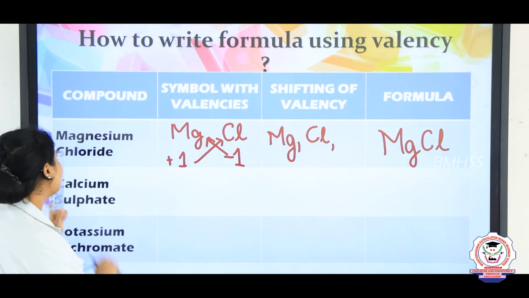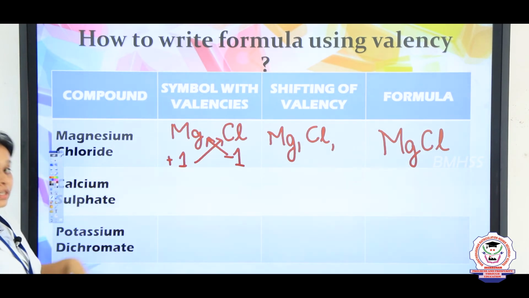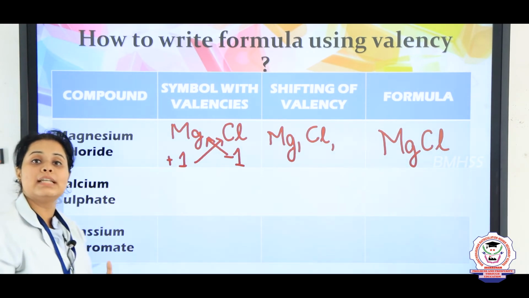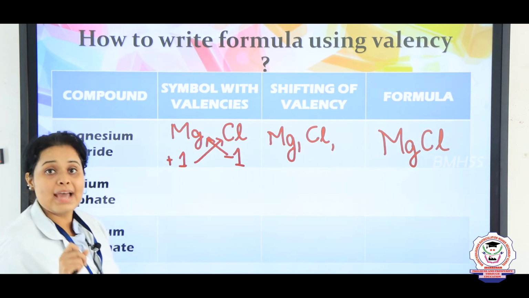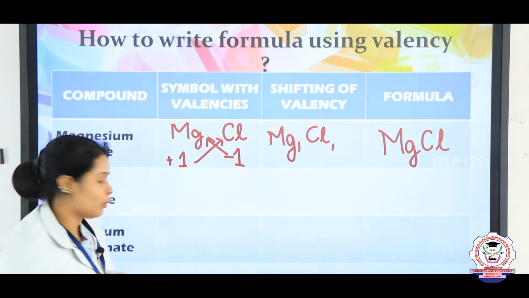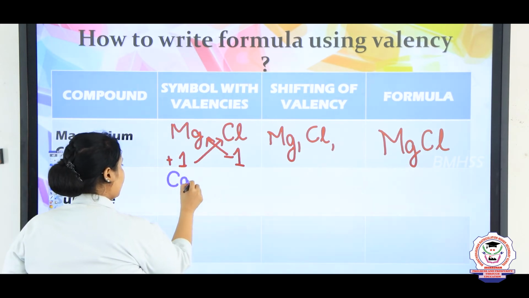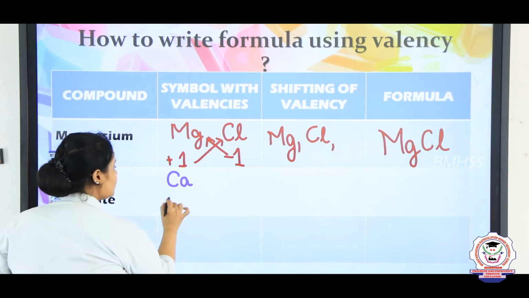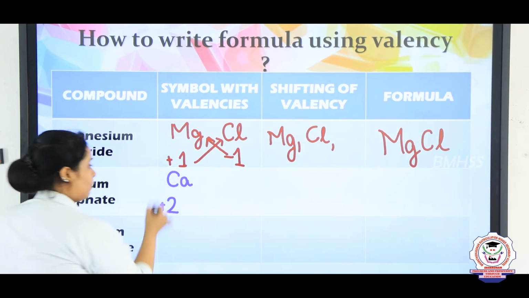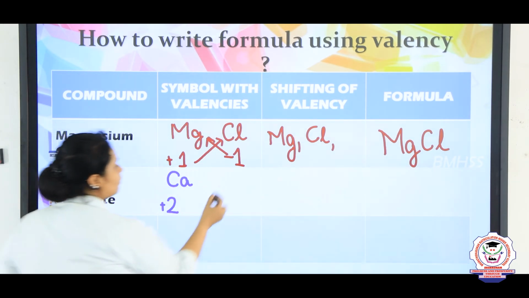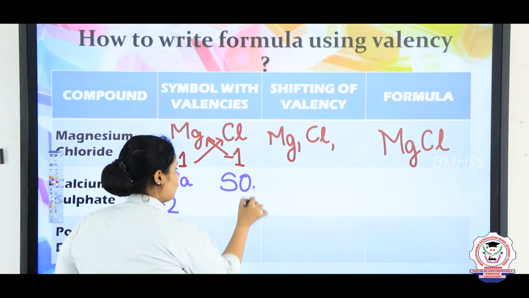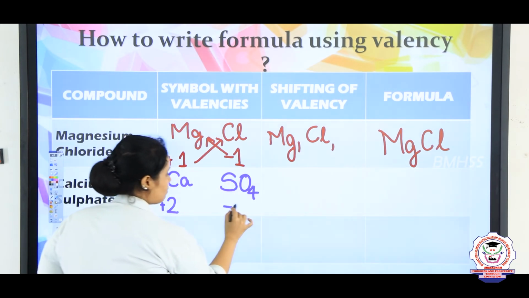Okay. So now let's find the formula of calcium sulfate. Children, sulfate is written as SO4 and it has a valency of -2. Let me write here, calcium is Ca and the valency is 2 plus, and again the sulfate will be written as SO4 and the valency, as I said, is -2.